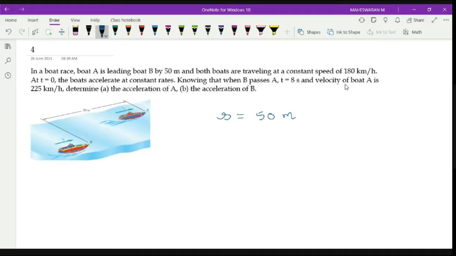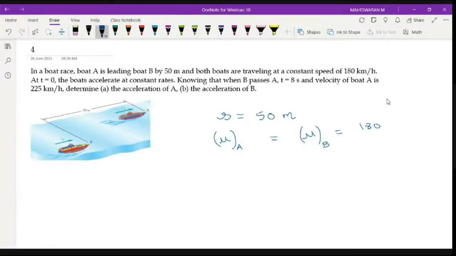At the beginning stage, both boats have a constant speed. For boat A, let me put U with A in brackets, indicating this is for boat A, the initial velocity. Similarly, U for boat B. Both are the same, 180 kilometers per hour.